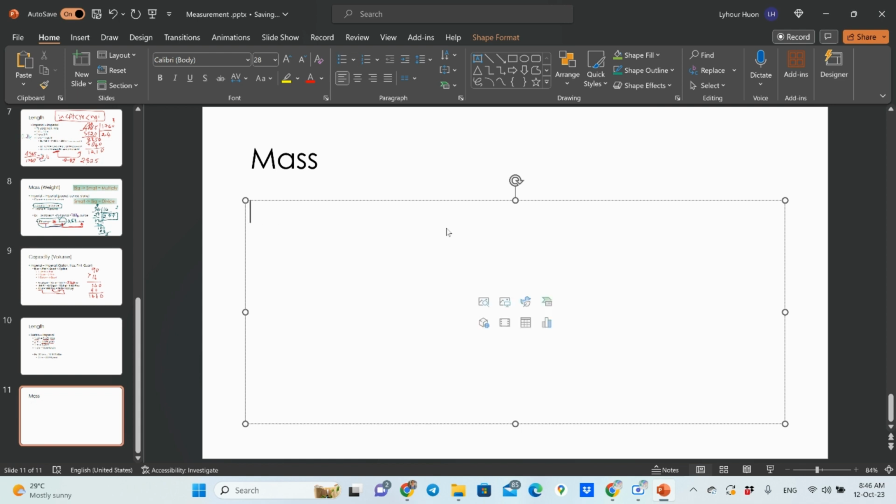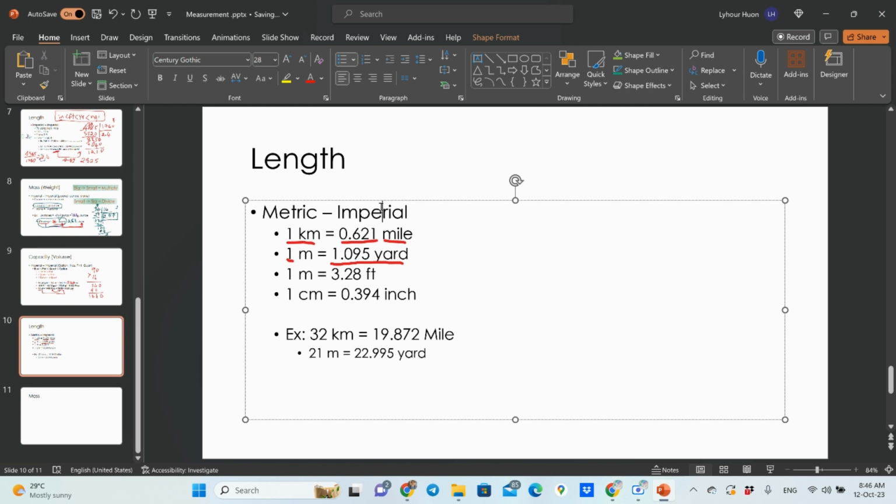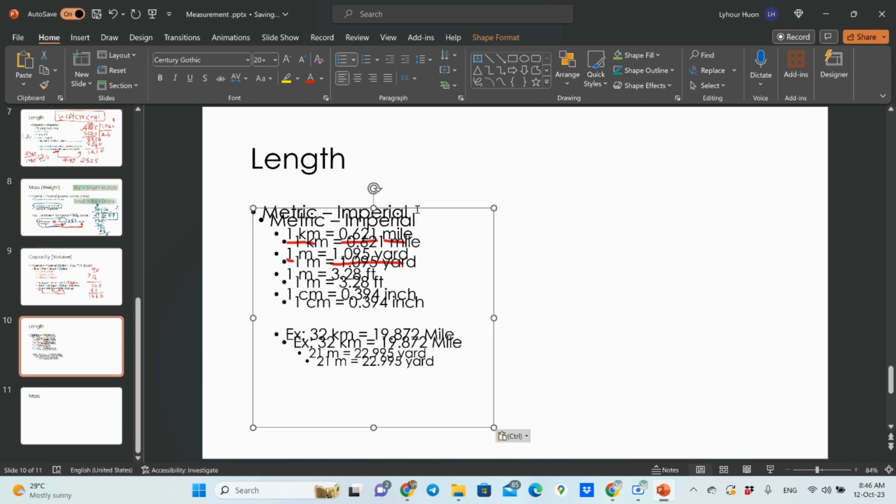Maybe I should have given you the other units because sometimes it's quite difficult: this is metric to imperial, but you may need imperial to metric, right?